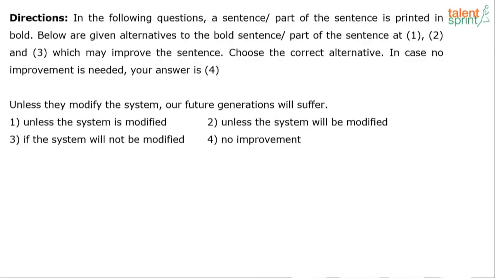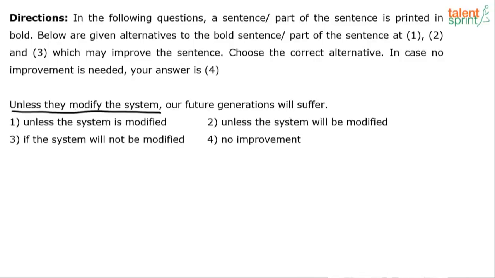Okay. So the next one is: unless they modify the system, our future generations will suffer. The part that is bold is unless they modify the system. The options are: unless the system is modified, unless the system will be modified, if the system will not be modified, and no improvement.